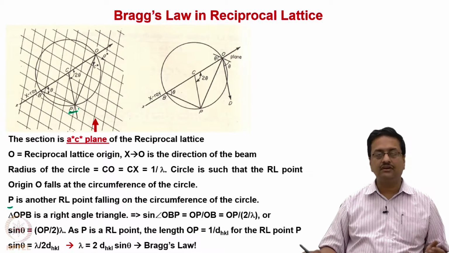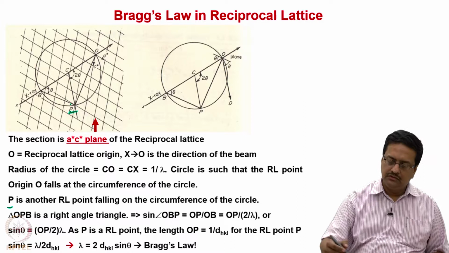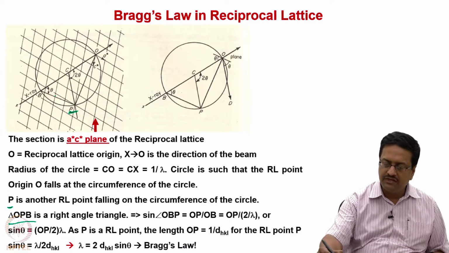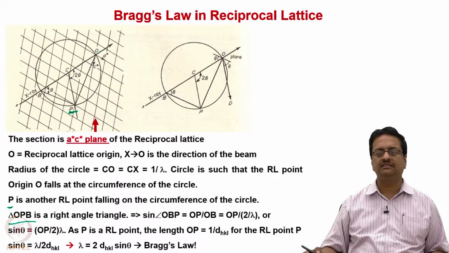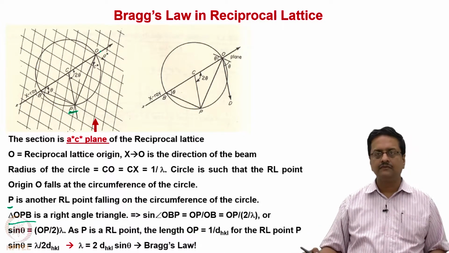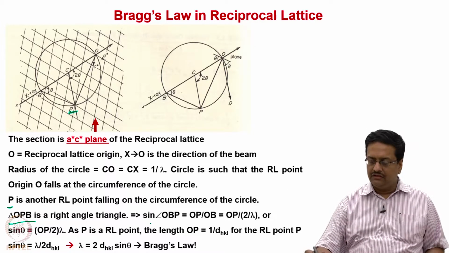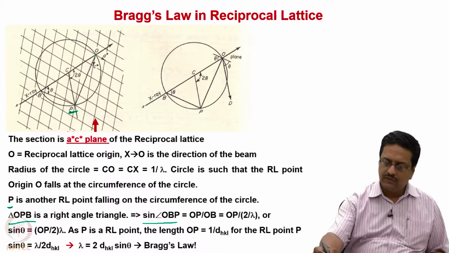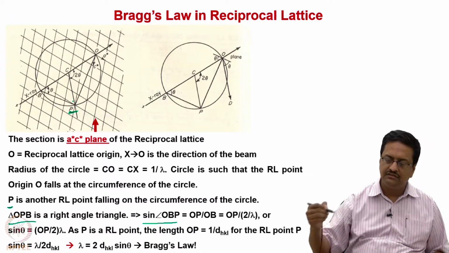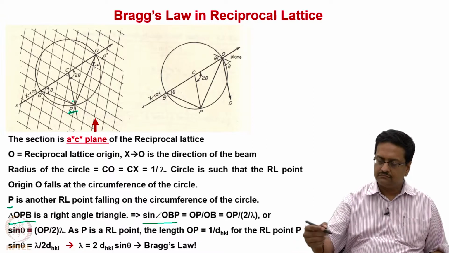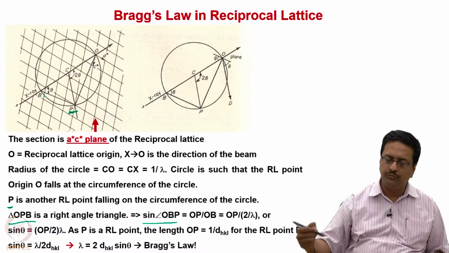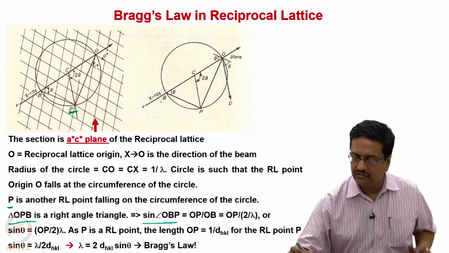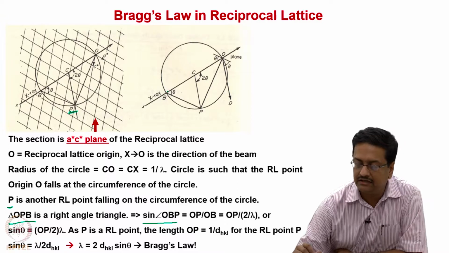So, then we consider a triangle OPB, which is here, which is a right angle triangle, and then we try to calculate sine of OBP, where the angle OBP is equal to theta, because now let us concentrate on the figure on the right hand side.